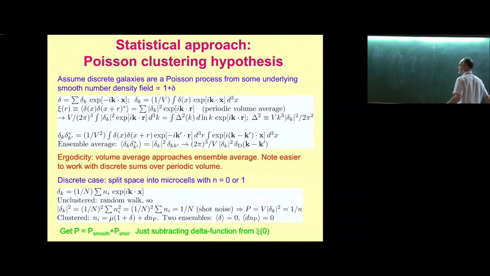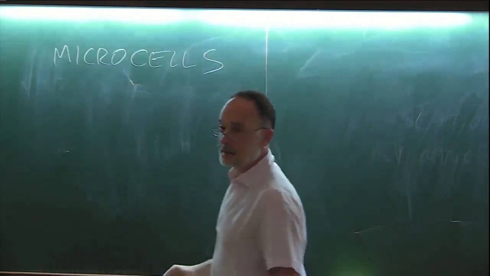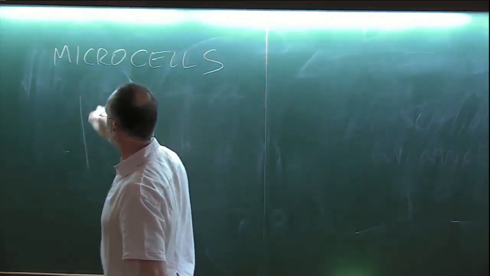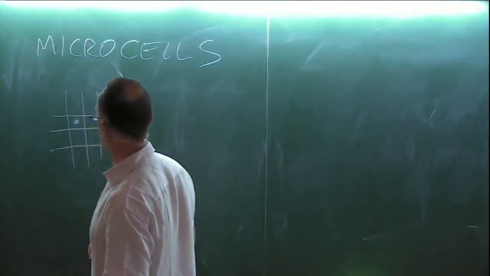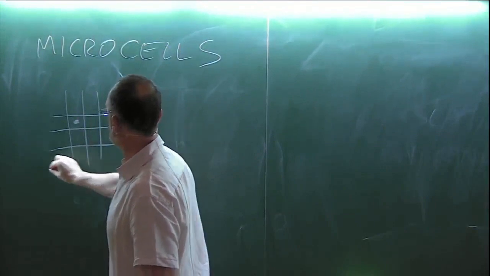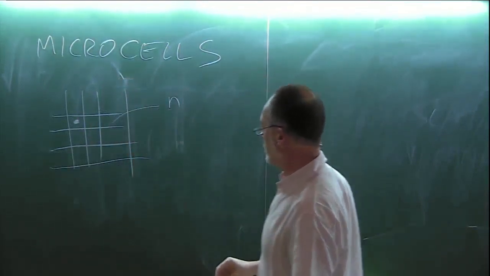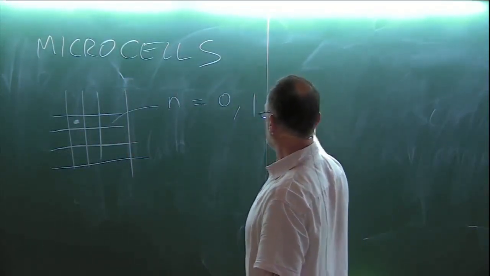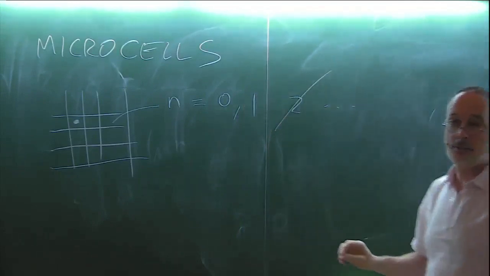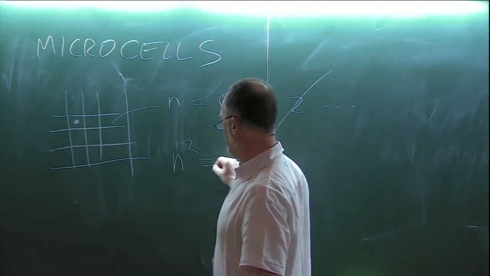But the nice way of treating this is to split space up into a large number of very small cells. So one of these cells will occasionally have a galaxy in, most of them are empty. So this is nice. So you can basically say that n is 0 or 1, and 2 and higher can be neglected if you make the cells small enough, which has the nice property that n squared is equal to n.